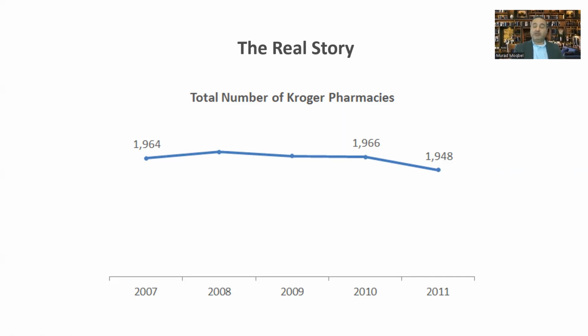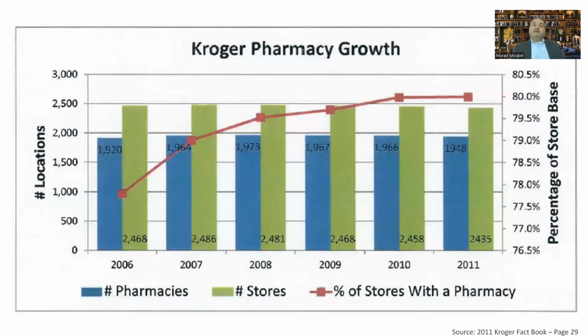However, in the first chart, we noticed that there was an increase in their sales from 6.5 to $7.3 billion, right? So how can we explain the growth of sales, although the number of pharmacies and the number of stores are decreasing?